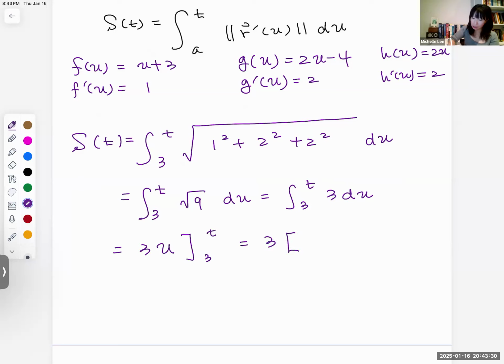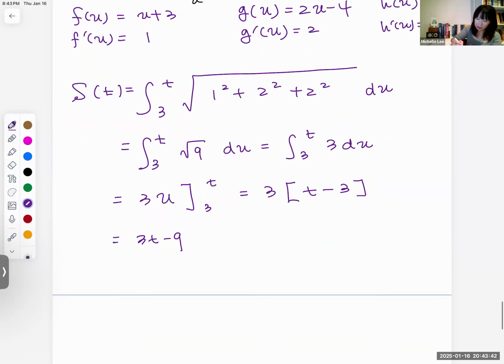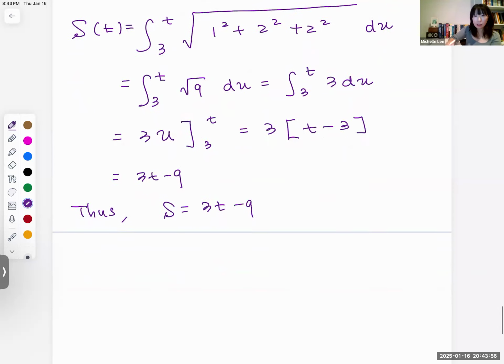So 3t minus 9, right? Okay, so we have s of t equals 3t minus 9.